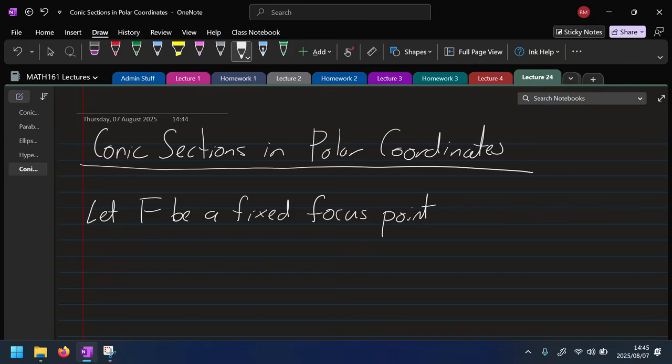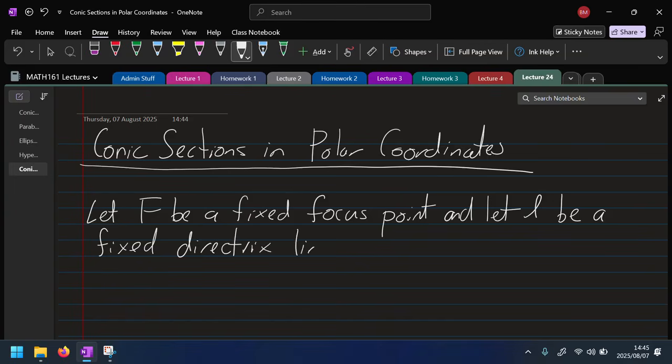So you fix some focus point, and let L be a fixed directrix line. Okay, so we've got a focal point and we have a directrix line.